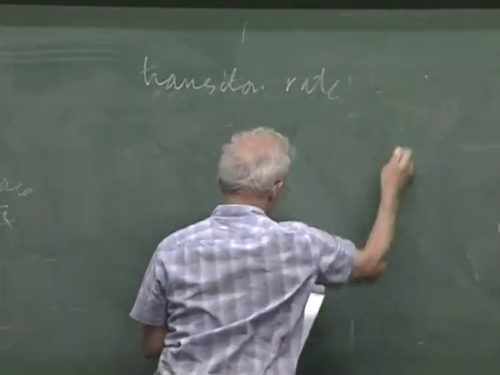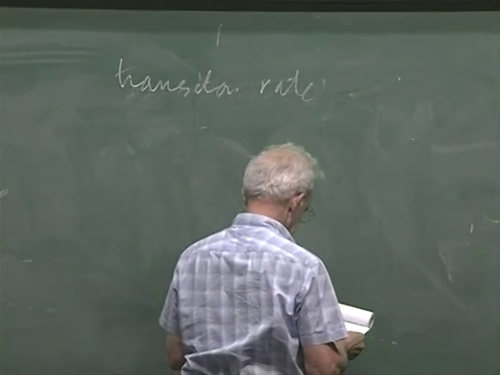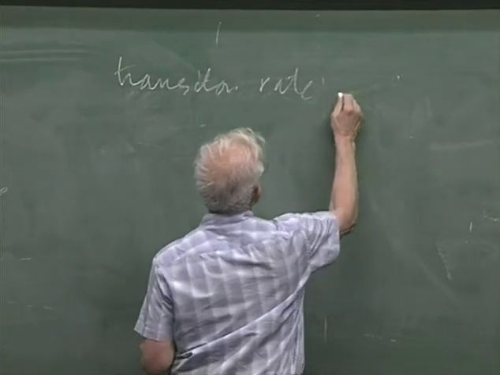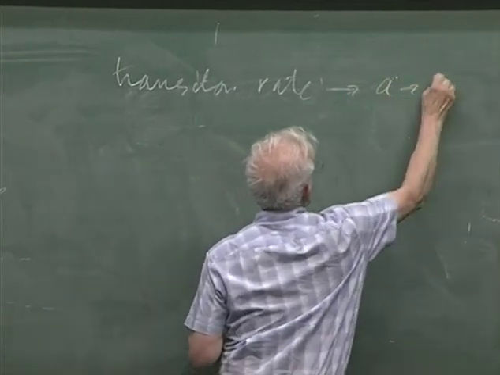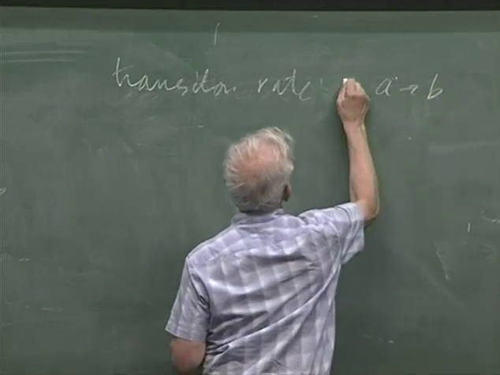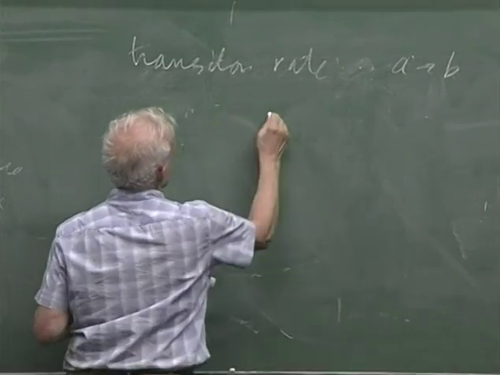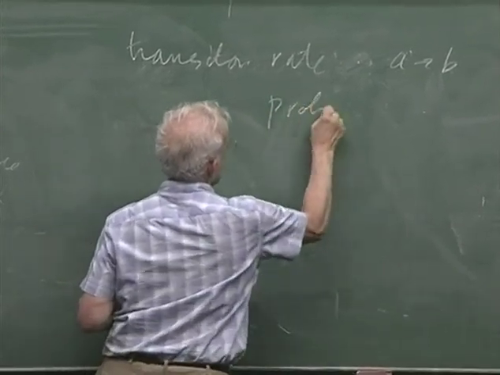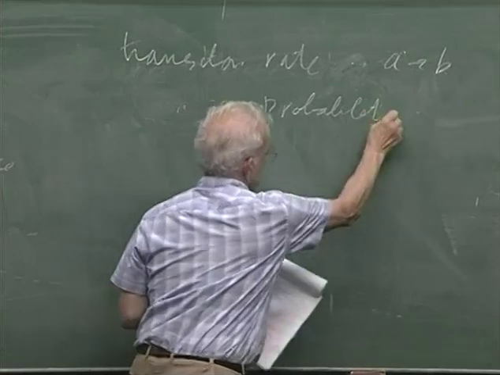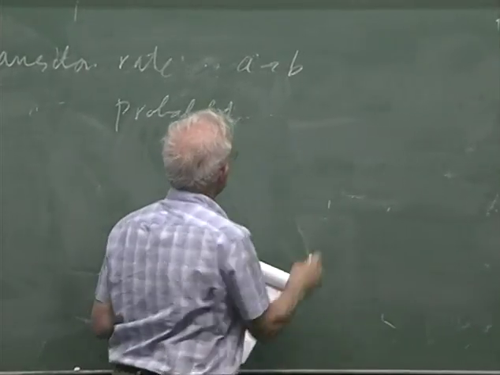Say an atom which is initially in state A is going to go to B. Well, first let's look at the transition probability by time-dependent perturbation theory.